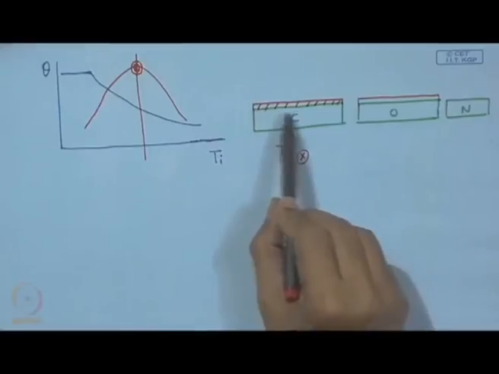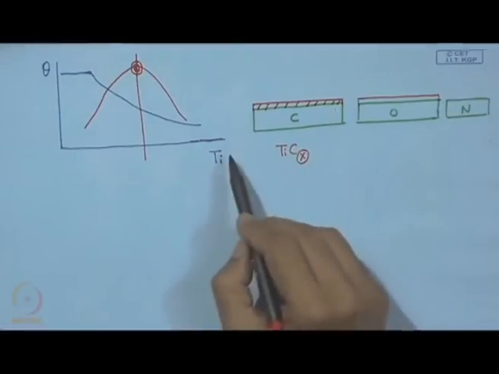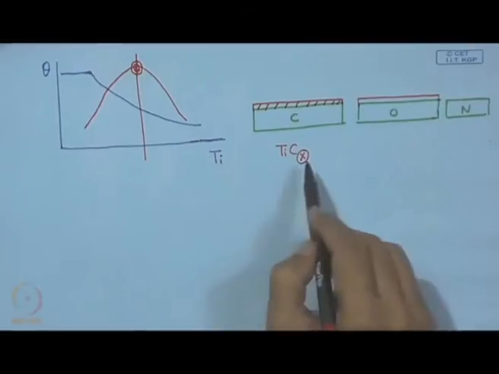For example, in this case of titanium, with its lowest possible concentration, that means the highest level of activity with its lowest possible concentration, we can achieve an outermost layer which is rich in titanium.